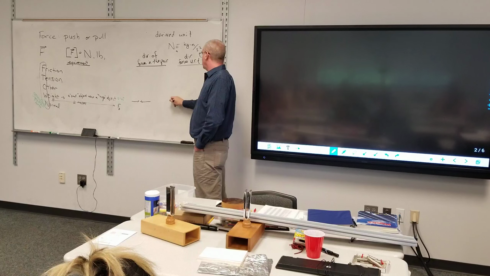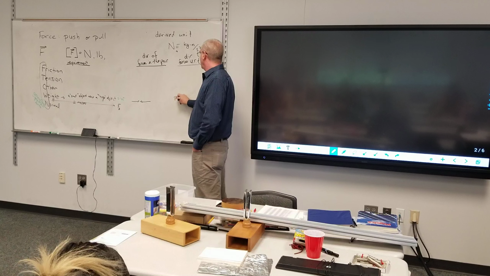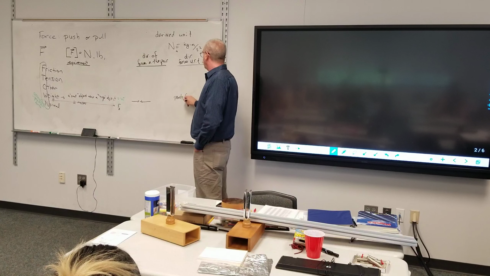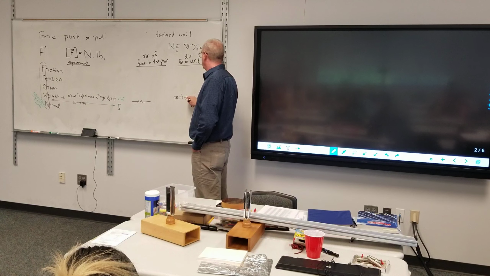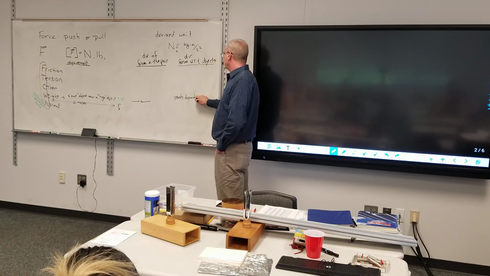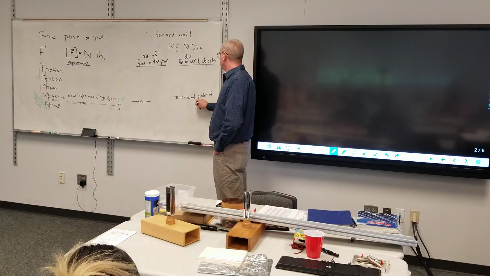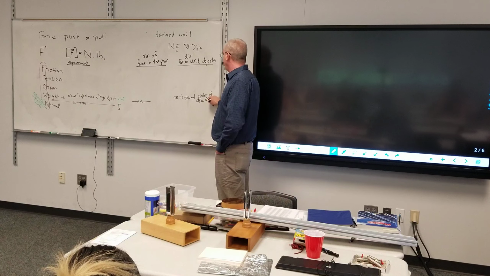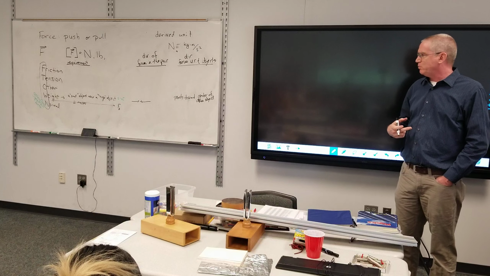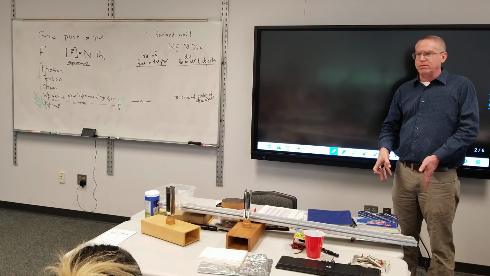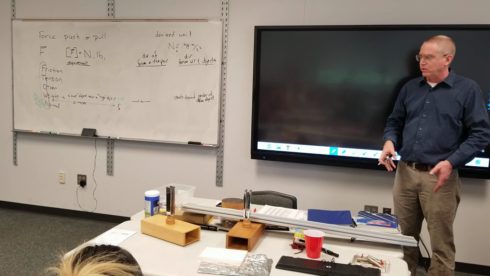It points toward the center of mass of the other object. So the force acting on me, the gravitational force, my weight acting on me, is pointing towards the center of mass of the Earth, which is about the center of the Earth.